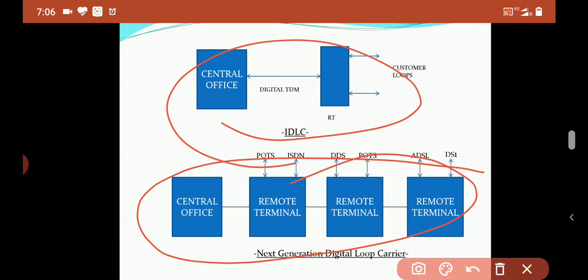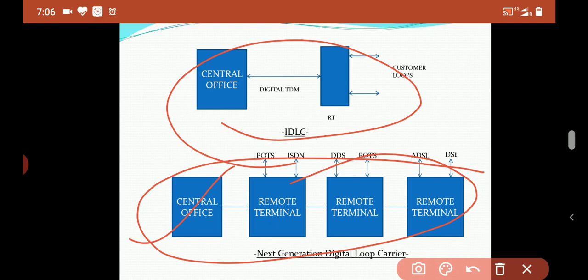If we see this particular diagram, the most important feature of this generation system is the availability of new services such as copper or fiber digital subscriber interface in addition to conventional POTS interface. Second, the most desired digital interfaces are T1, E1, primary rate and basic rate ISDN, ADSL and VDSL.